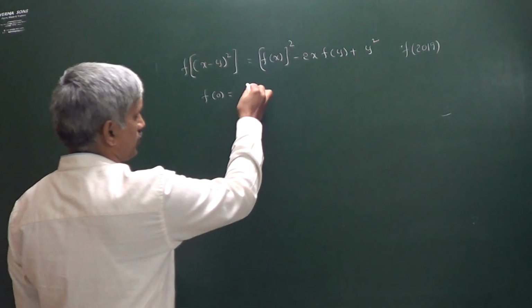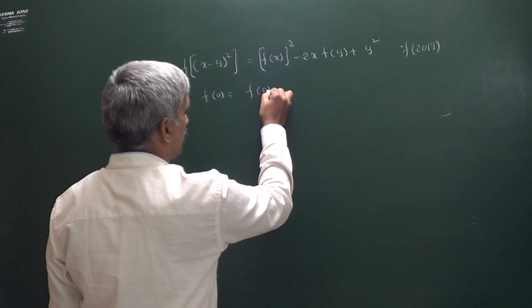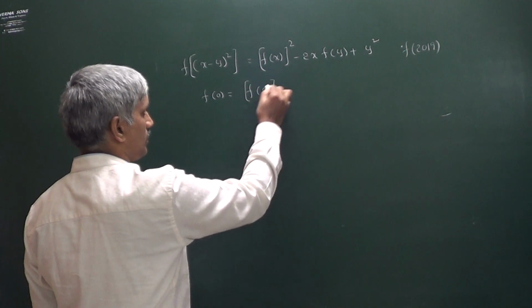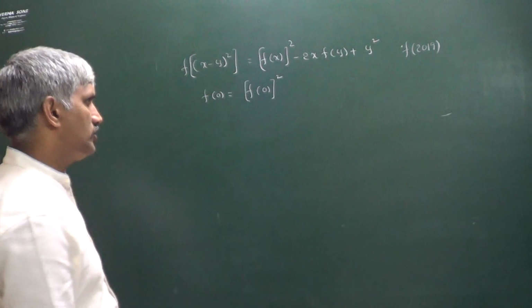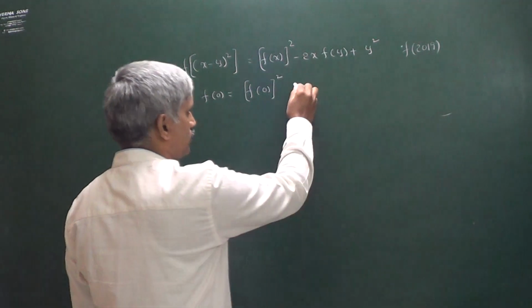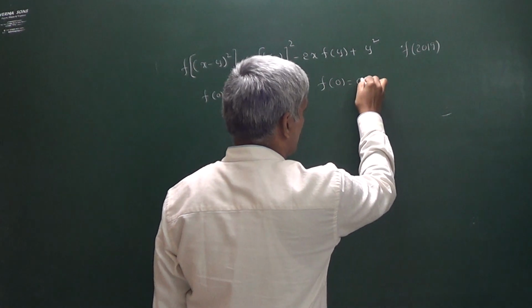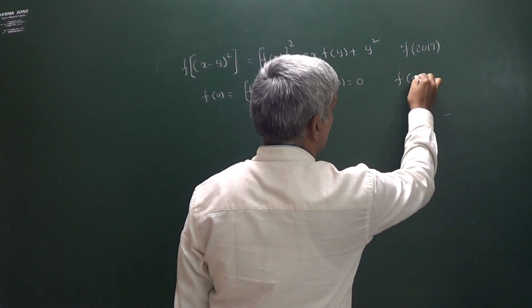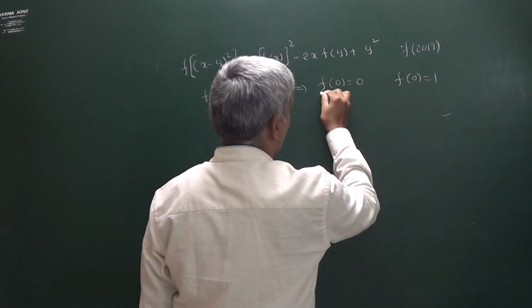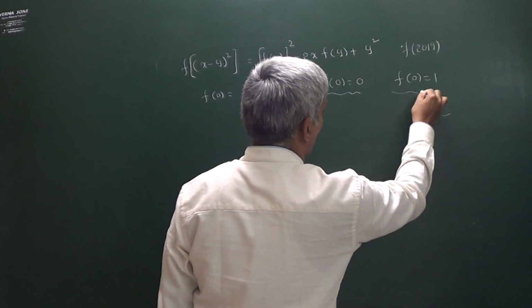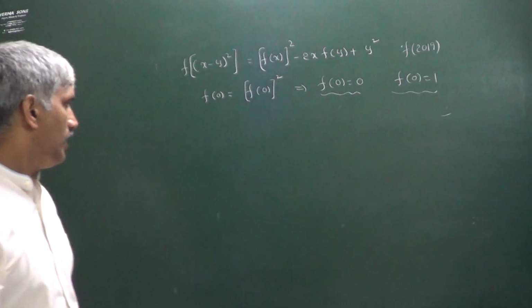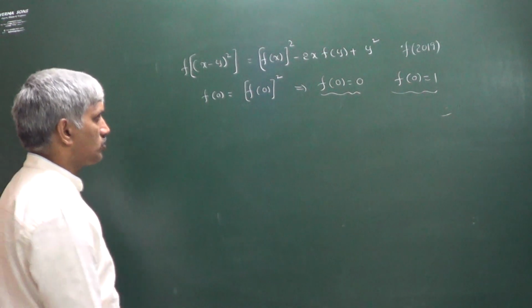f of 0 is equal to f of 0 whole square. That means from here we can say f of 0 value 0 is possible, f of 0 value 1 is also possible. These are the two possible values for f of 0. Again now I am substituting y equal to x.